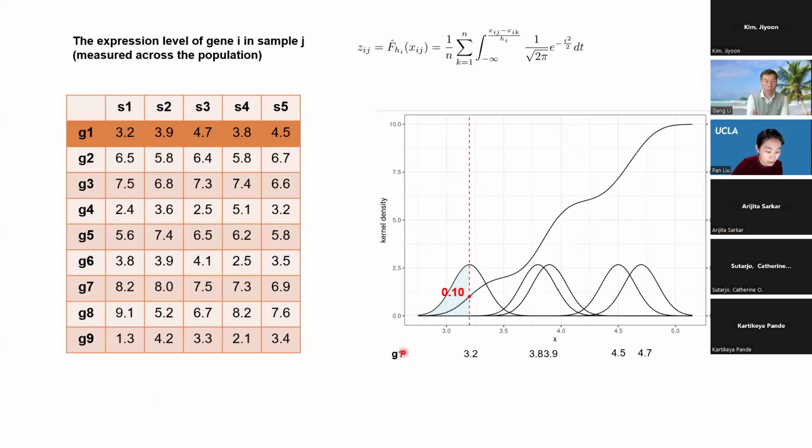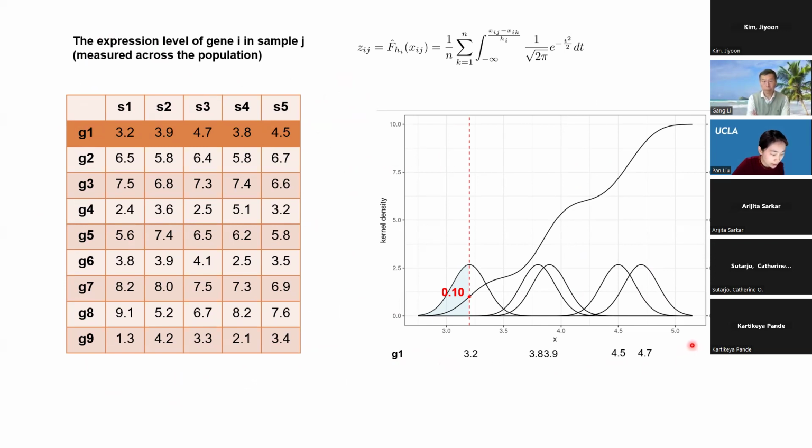Well, I think an example would help you better understand this idea. Let's say this is our input matrix, a gene by sample matrix. To estimate the relative expression level, let's look at the first row, gene 1 first. We line up its values along this x-axis.